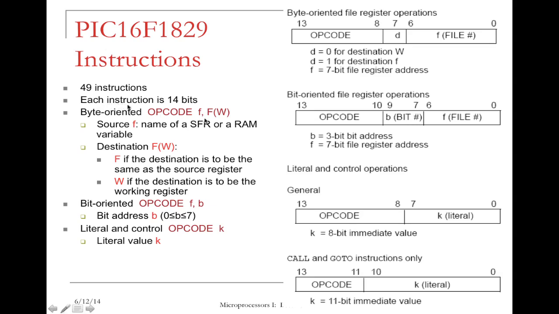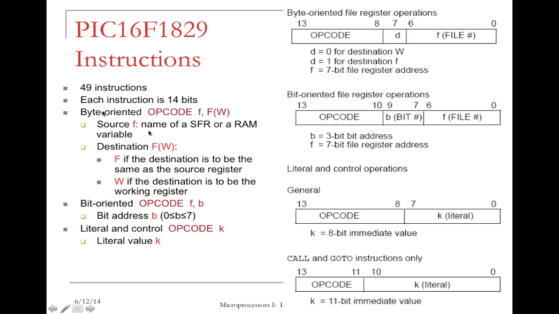I'll explain in more detail what they are. The opcode is basically the mnemonic. For example, subtraction or addition, so we have SUB and ADD. So this is what we call opcode, the operation of this instruction.